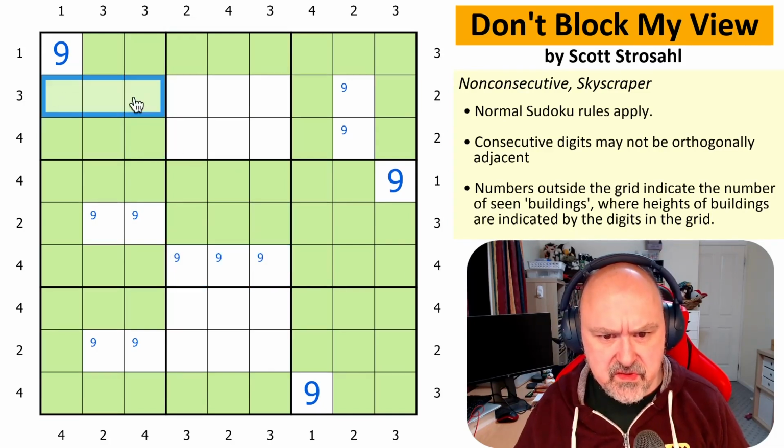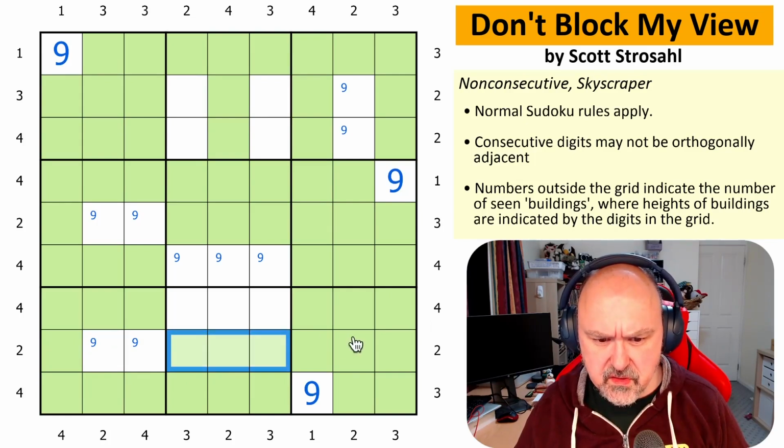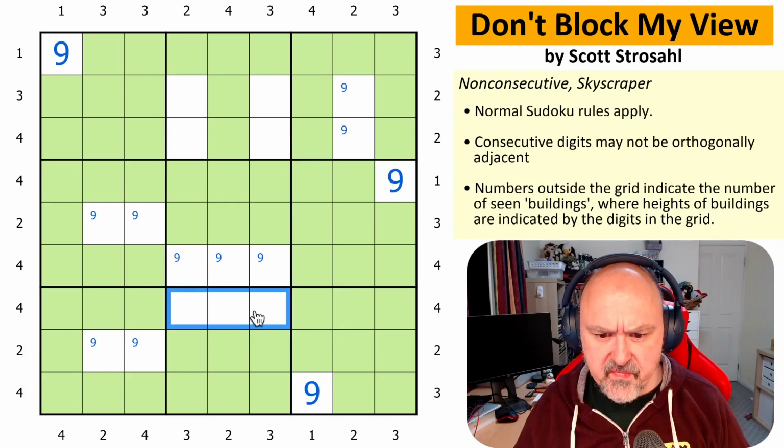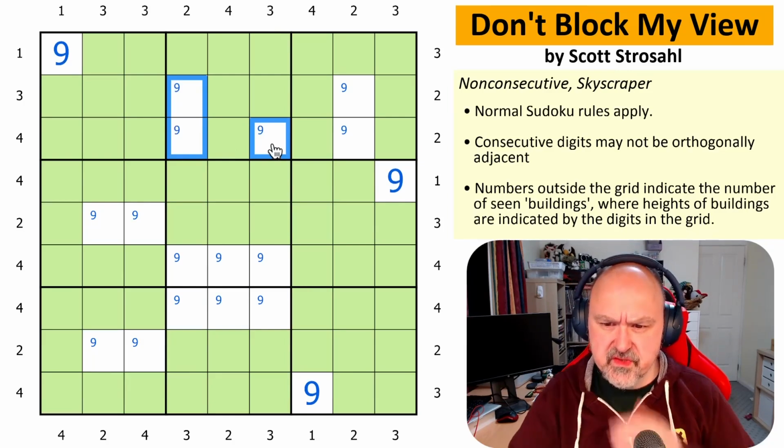9 can't be those. That's already knocked out. 9 can't be in those. Well, actually, those 9s are knocking 9 out of those. 9 can be in any of those. 9 can't be there. 9 is in one of those.